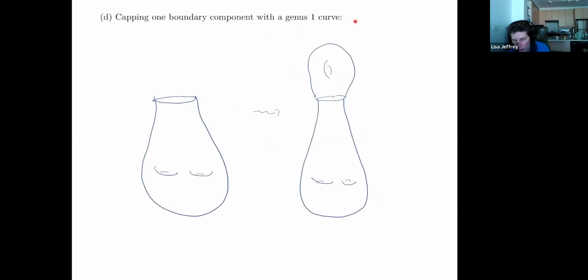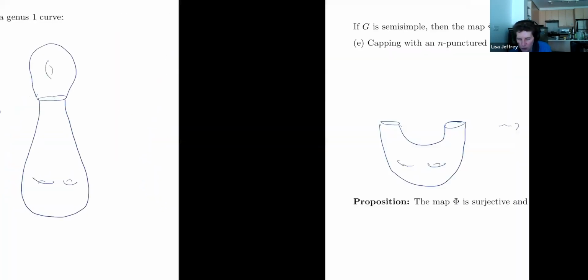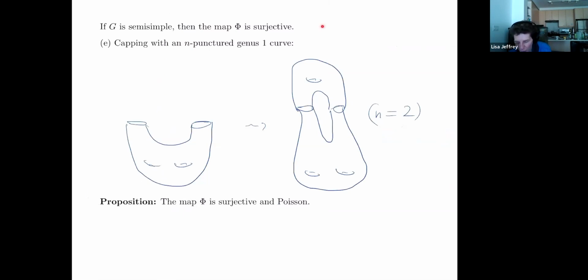You can cap off one boundary component with a genus 1 curve with one boundary component. So that looks like so. If G is semi-simple, then that map of character varieties is surjective.